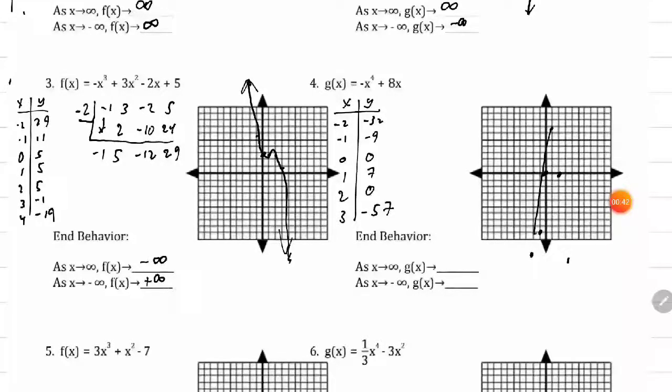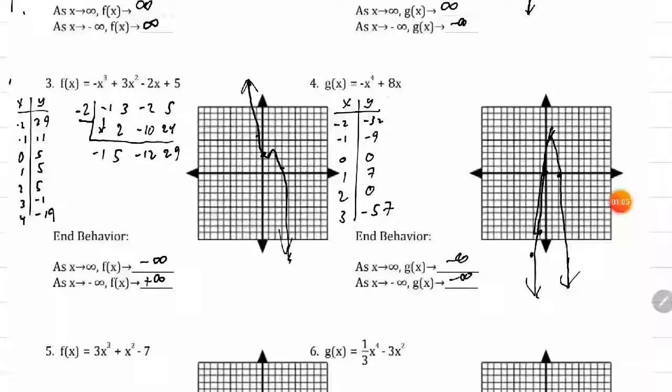So it kind of looks a little bit like a parabola. As x goes to the right, forever and ever, my y value is -infinity, and then we have -infinity again as x goes to the left.